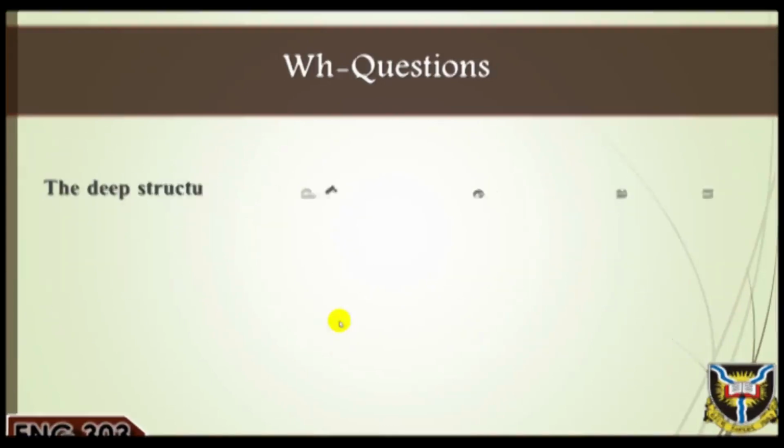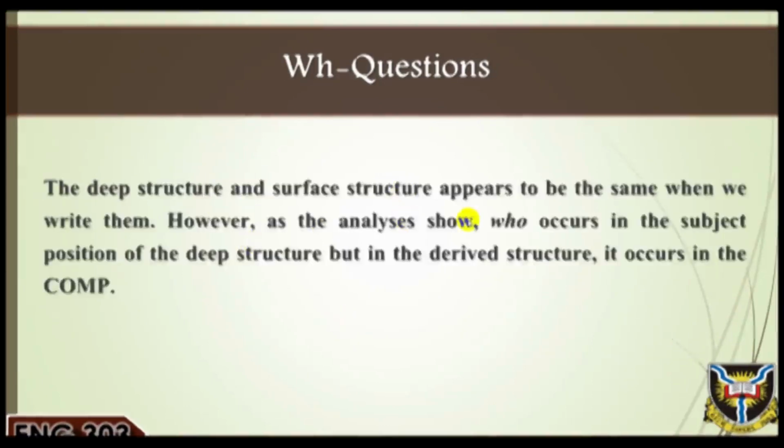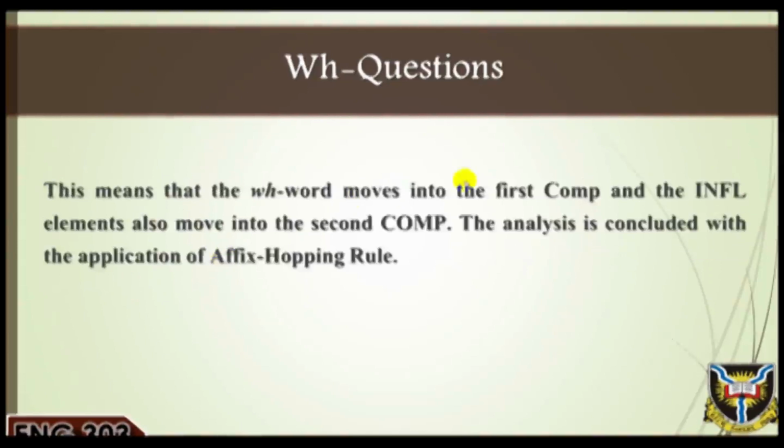However, as the analysis shows, who occurs in the subject position of the deep structure, but in the derived structure, it occurs in the COMP. This means that the WH word moves into the first COMP and the INFL element also moves into the second COMP. The analysis is concluded with the application of the affix hop rule.